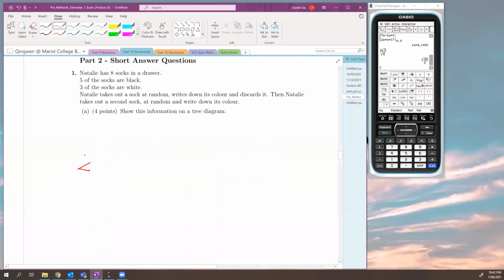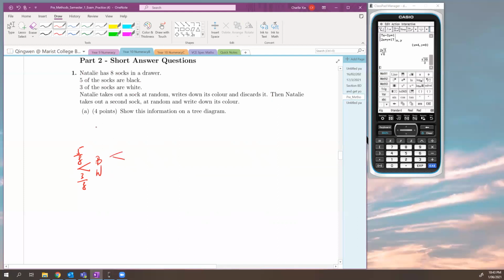All right, so we're starting with taking out the first sock. You could have 2 options, either black or white. And the chance of getting a black is 5 out of 8 socks, and the chance of getting a white would just be 3 out of 8. And the chance would always add to 1, because there are only 2 options, either black or white.